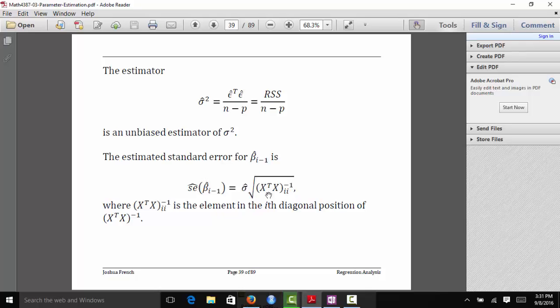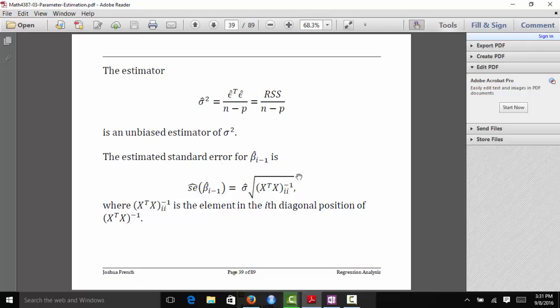And you may notice here that I have i minus 1 over here and i over here. That's actually not a typo. You may recall that we start to index our regression coefficients at 0. The intercept is beta naught. And so if we're trying to find the standard error of beta naught hat, for example, that's going to be in the first position of the covariance, or of the (x transpose x) inverse.